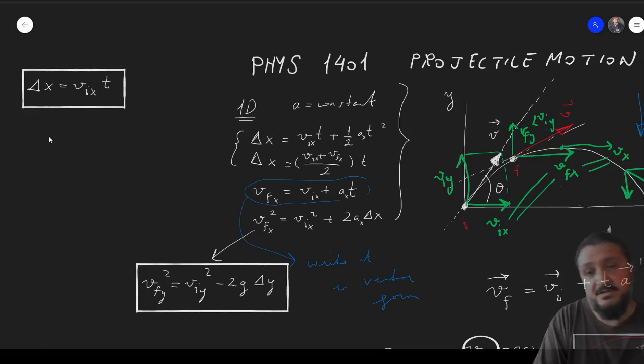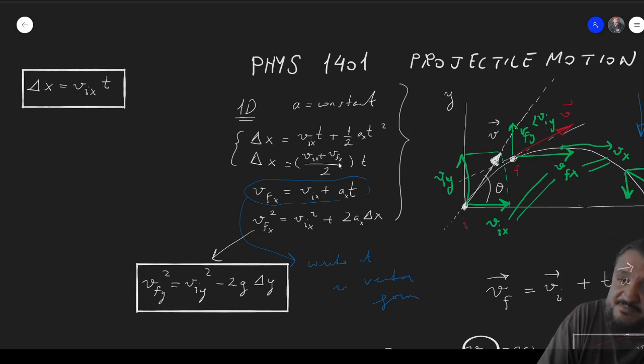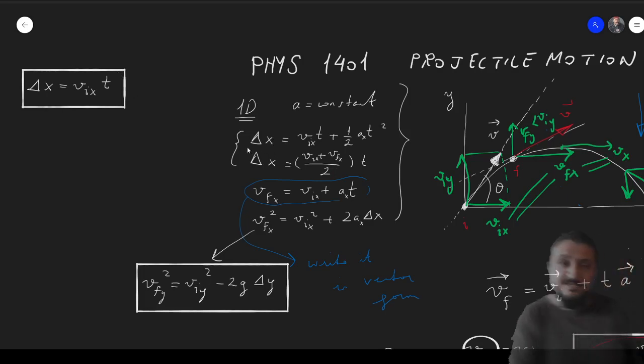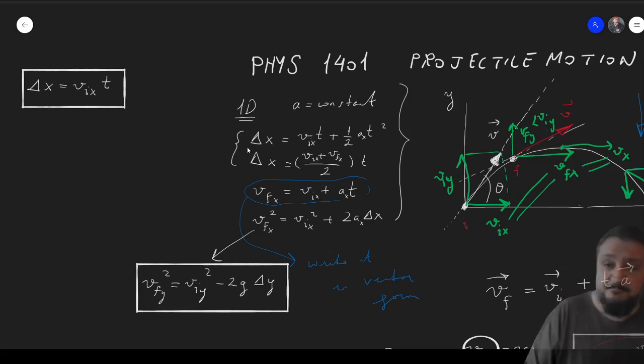Now look at the second equation here. Delta x equal to average velocity times t. Now Vix plus Vfx, if these two are the same, that's 2 Vix divided by 2, Vix. So I get the same equation again. Okay, so the first two equations give me one equation for delta x. And that will be the only equation with delta x in it, by the way.